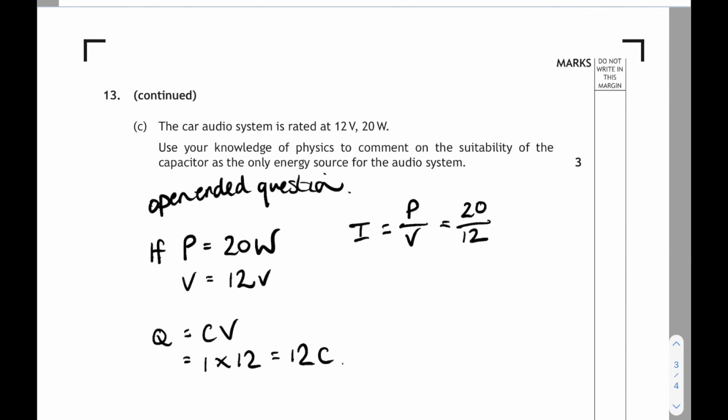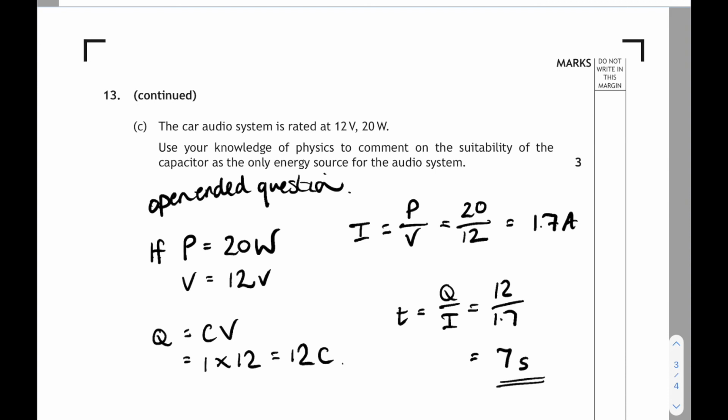And that would give us an average current of 1.7 amps. And if we know the average current and the charge stored on the capacitor, we could work out how many seconds this would last for. T equals Q over I, 12 over 1.7 is about 7 seconds. So this capacitor could only supply charge to the car audio system for about 7 seconds.